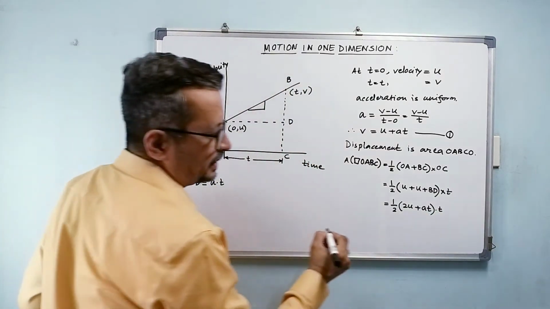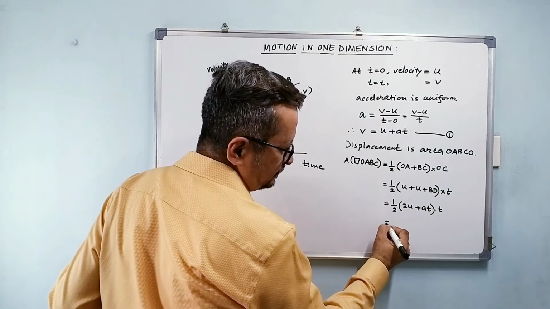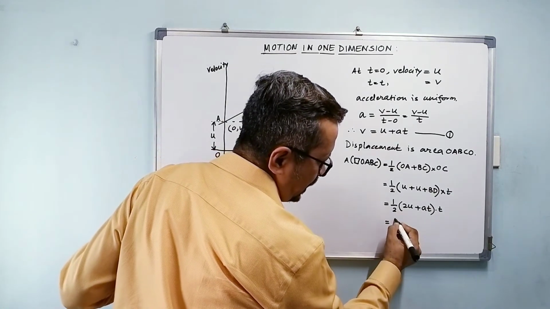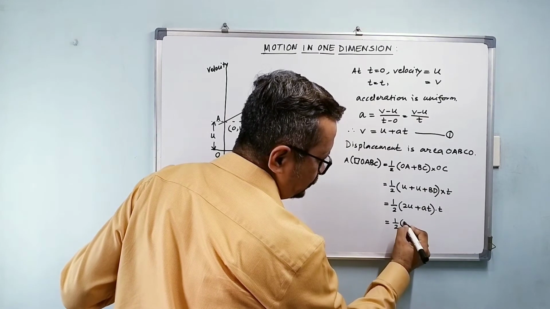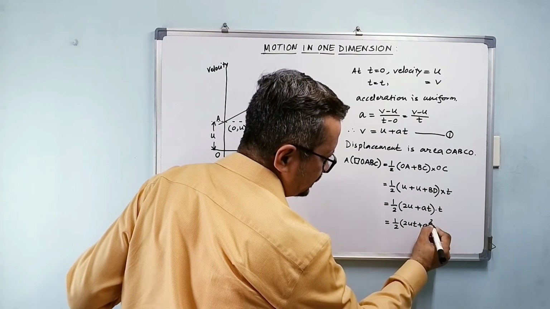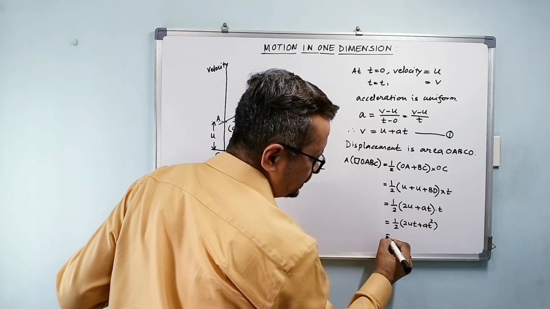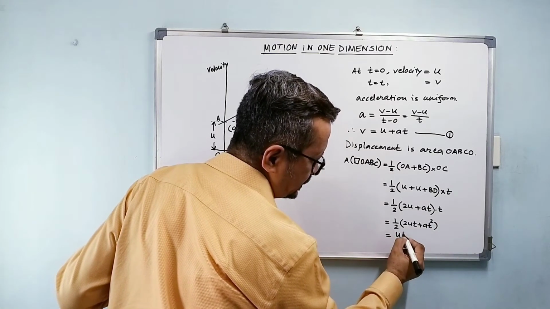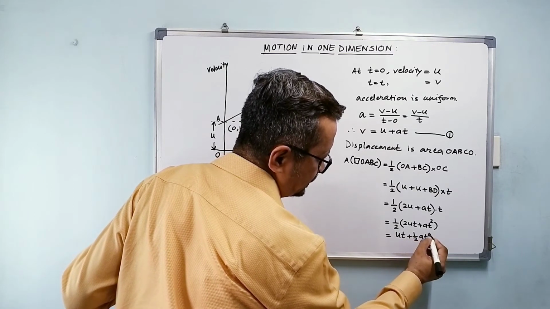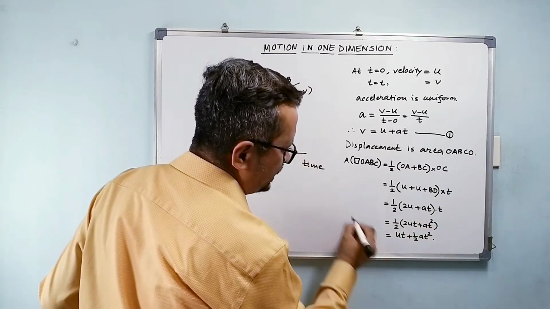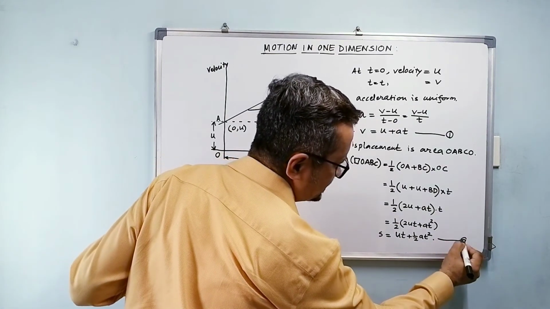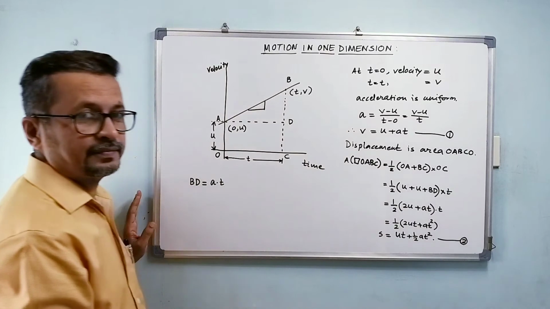And that is equal to half into 2ut plus at square, and that is equal to ut plus half at square, and this is my displacement. So that is how we get the second kinematic equation.